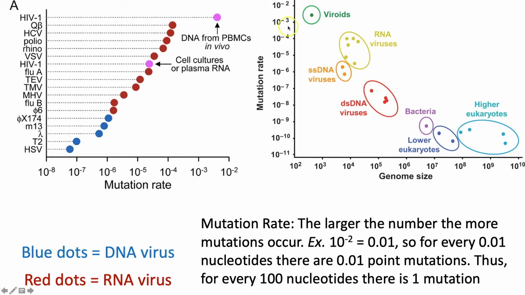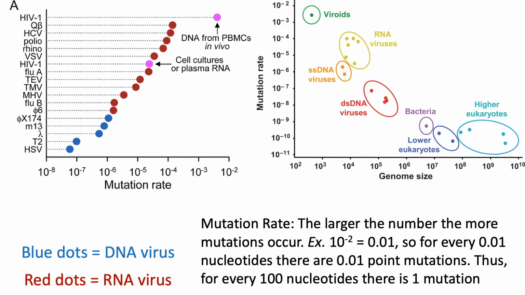You can have lots more mutations occur in your RNA viruses, which is what's matching up here, versus your DNA viruses, because the bigger your genome gets, the harder it is to actually fix those problems. So you don't want to cause too many mutations because you have a huge genome. If you have too many mutations, that's not a good thing. And that's why, based on genome size, you have a reduced mutation rate, meaning you have more mechanisms to repair those mutations.